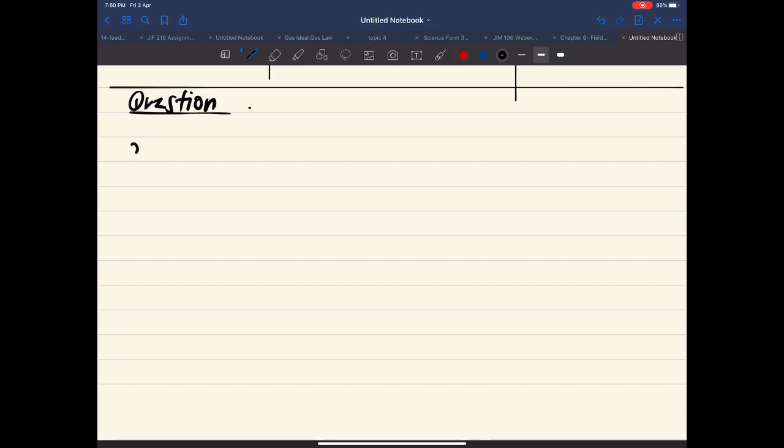Okay, 2 bracket x plus minus 5 plus x equals to 5x plus 6. Okay, I'll show you step by step how to do this.